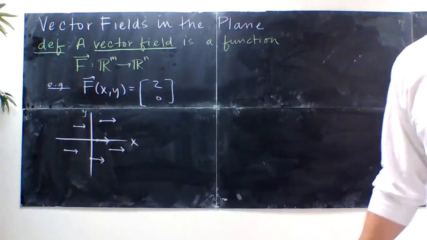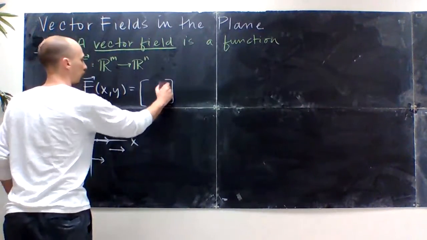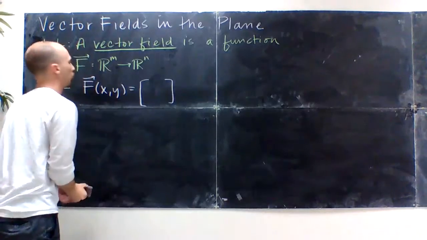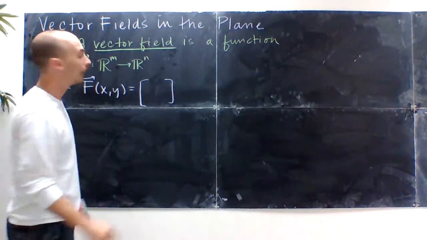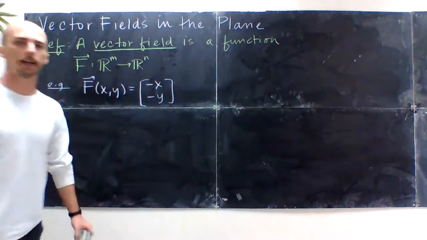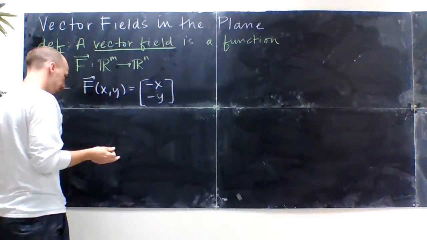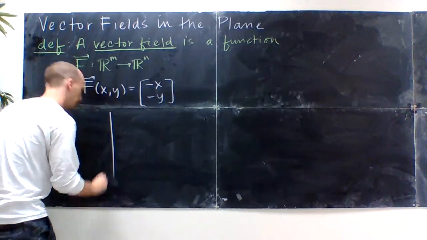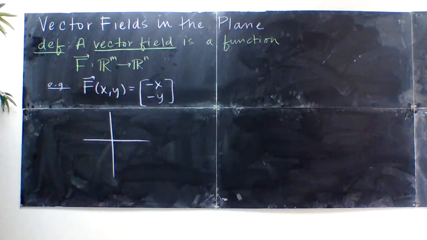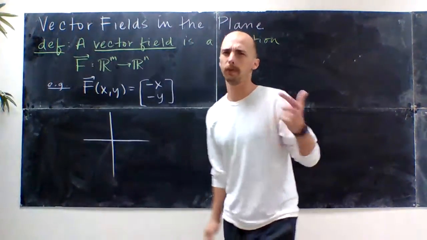Now maybe I'll show you a slightly variable function that I found kind of interesting. Maybe I'll switch this to be f of x and y is negative x and negative y. And I kind of like this example because it necessitates us to start to think about different values of x and y.